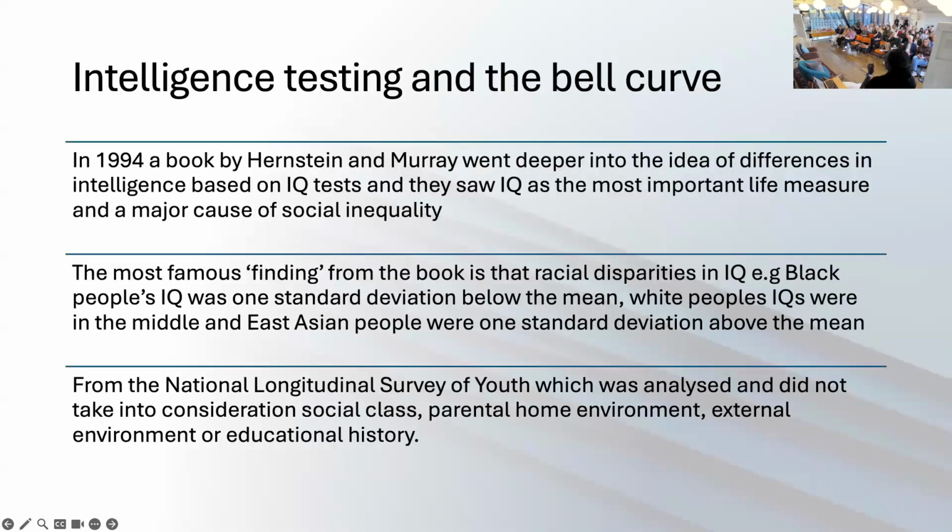Also, I'm not sure if you've heard of the book The Bell Curve by Herrnstein and Murray from 1994, I believe, where they popularized their theory, or I would say idea, that different racial groups have different IQs. One of the most famous findings was that Black people's IQ was one standard deviation below the mean, people from East Asian backgrounds had an IQ one standard deviation above the mean, and white people were in the middle.